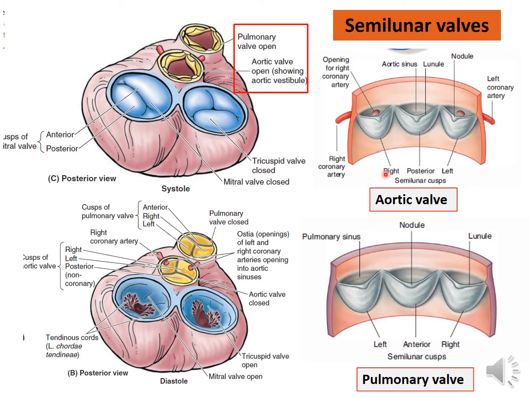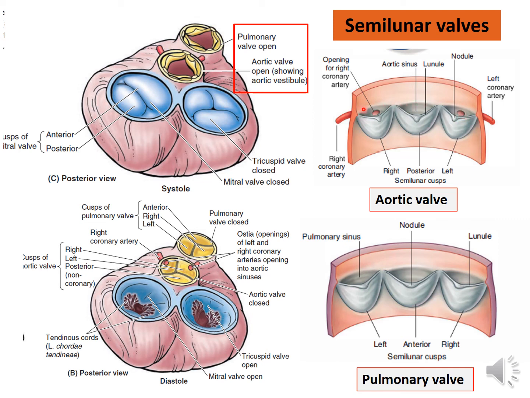So these are the semilunar valves. This is the aortic valve and this is the pulmonary valve. In each semilunar valve we can see 3 cusps which are semilunar in shape with the concavity upwards. Where exactly each cusp of the semilunar valve is attached, they show bulgings.